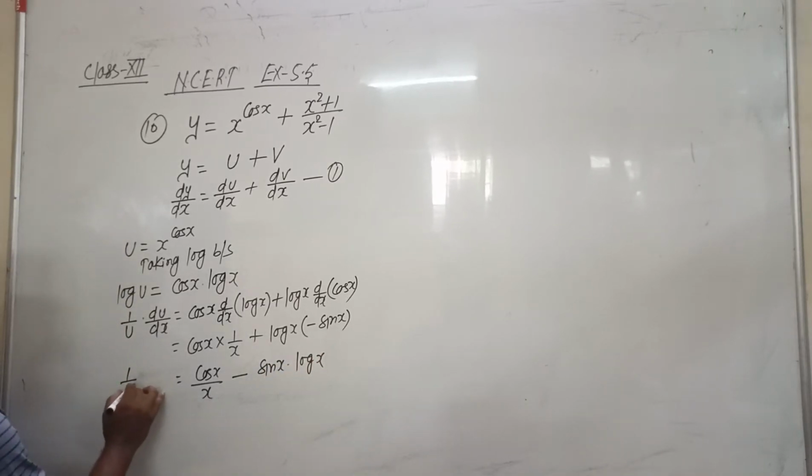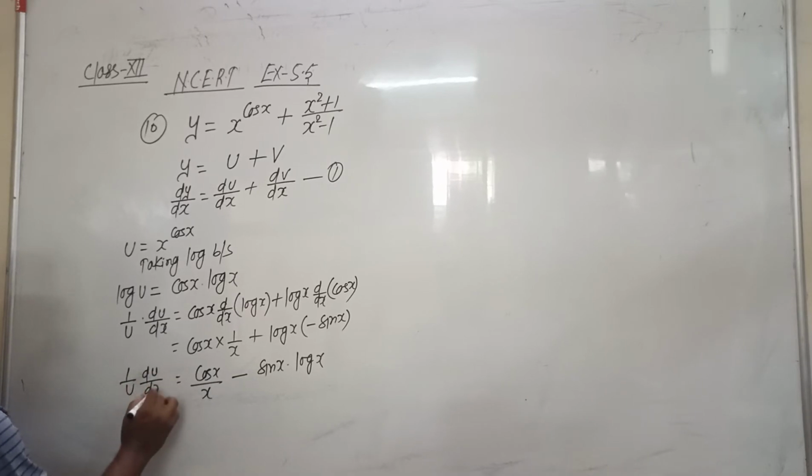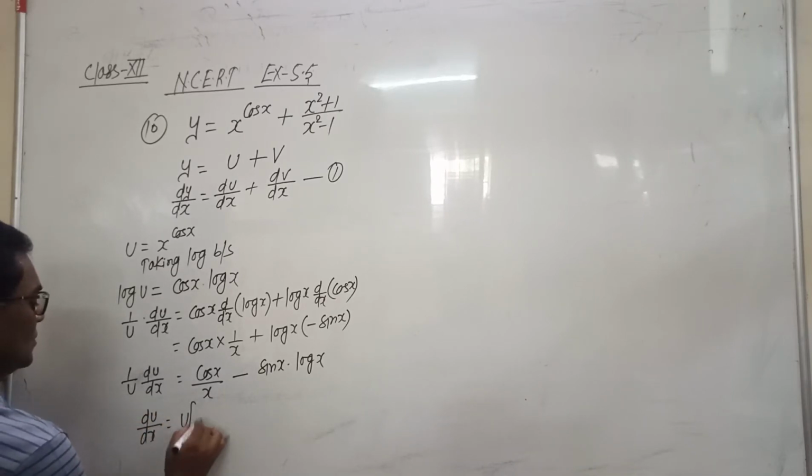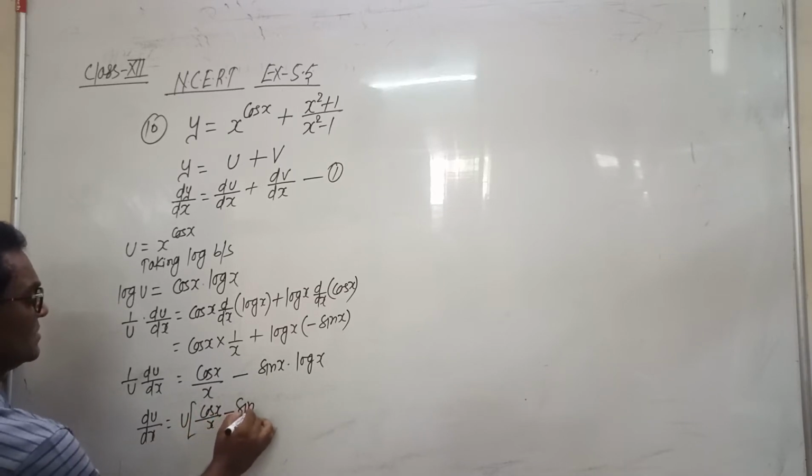This is 1 by u du by dx, and the value of du by dx comes to be u into cos x by x minus sin x into log x.